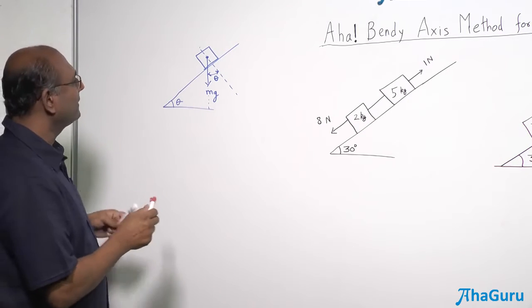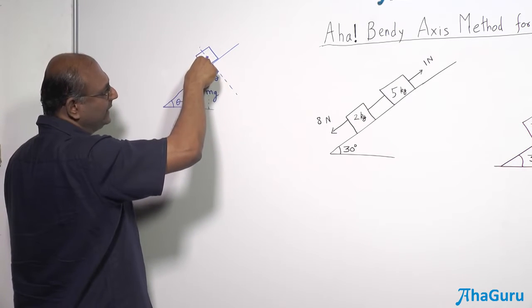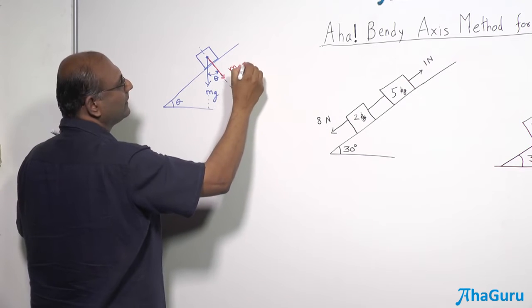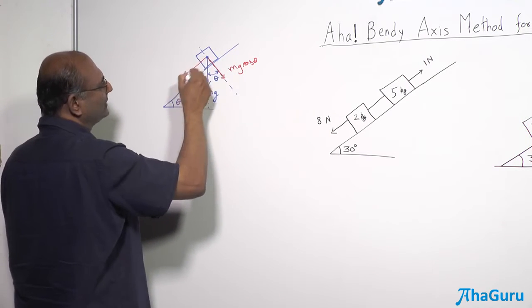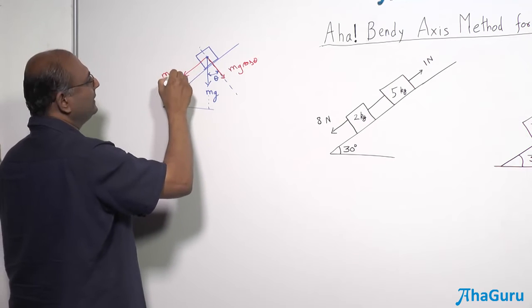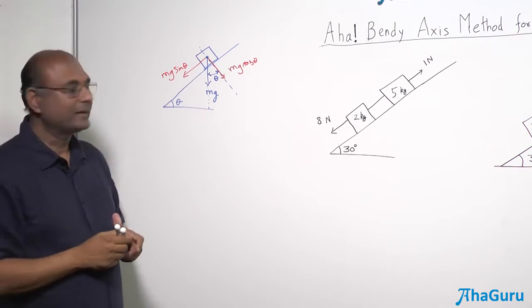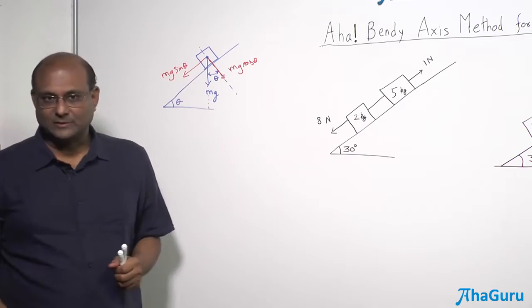And once you know it, then you can say this is resolved like this and like that. mg cos theta will be in this direction, and the component along the incline is mg sin theta. Now I am sure most of you already know this. So whenever you have this block, you know that you can do this as mg sin theta and that as mg cos theta.